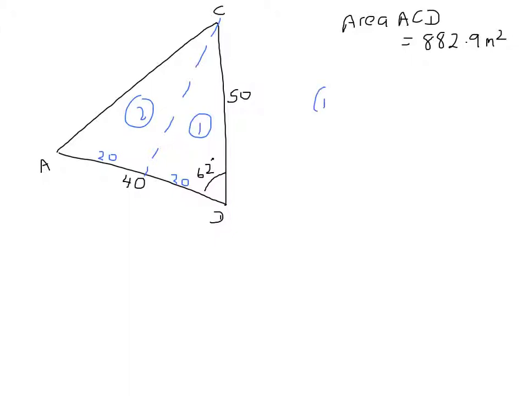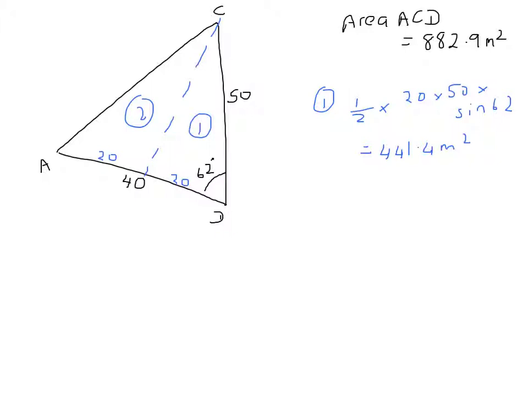Triangle 1, the area of that is half times 20 times 50 times the sine of 62, and that equals 441.4 metres squared. That's fine, it's over 400 metres squared.